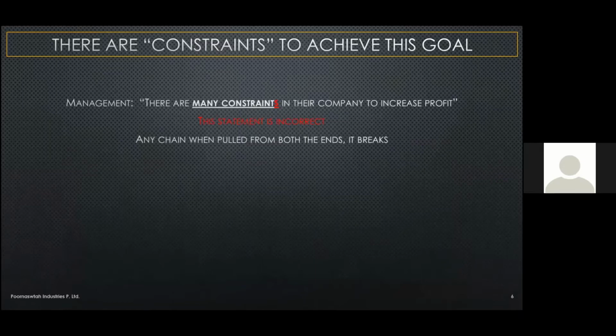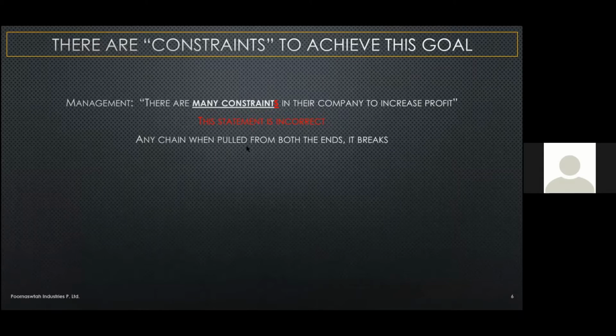I often hear senior management say that there are many constraints in their company to increase profit. If you notice, I have highlighted this letter S. This statement itself is incorrect. There is a constraint; the S is not there. Let's take an example.